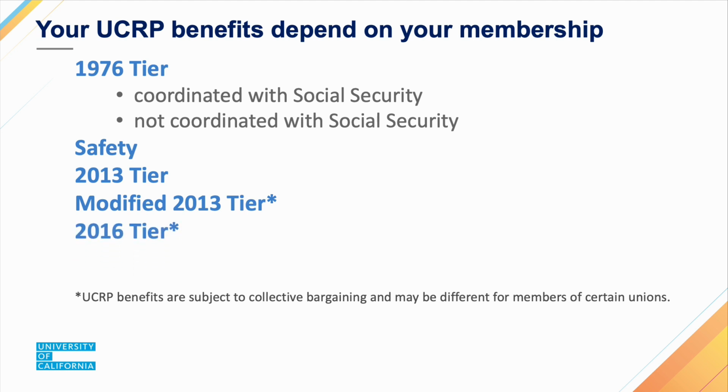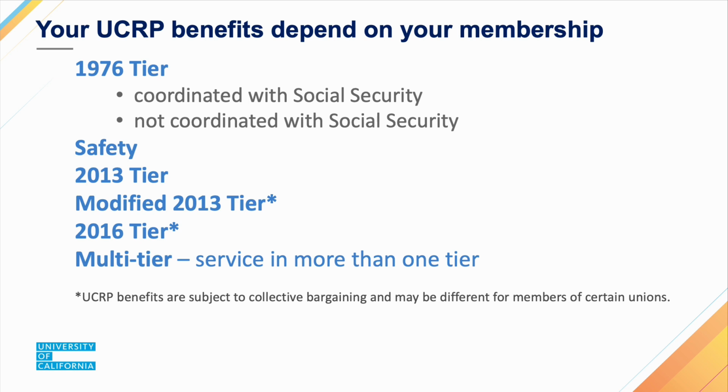If you became a member of UCRP on or after July 1 of 2016, or were rehired after this date, you're a member of the 2016 tier. Again, if you're a member of a union, your benefits could be different. In certain cases, you could be a member of more than one tier, in which case you'd be considered a multi-tier member.